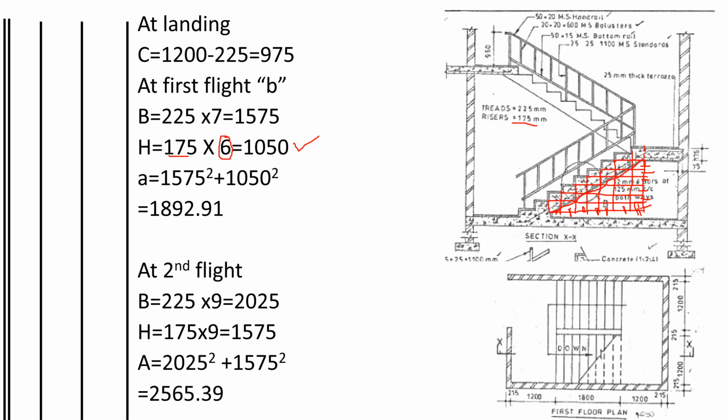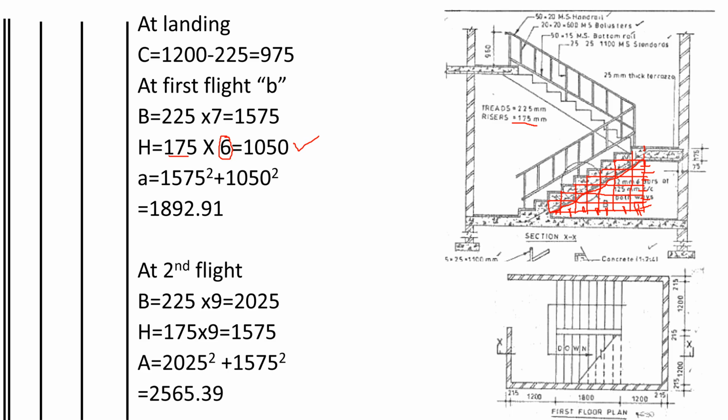So the base of that triangle will be 225 times the number of treads. We multiply by 7. If we do that calculation, we shall get 225 times 7, which is 1575.